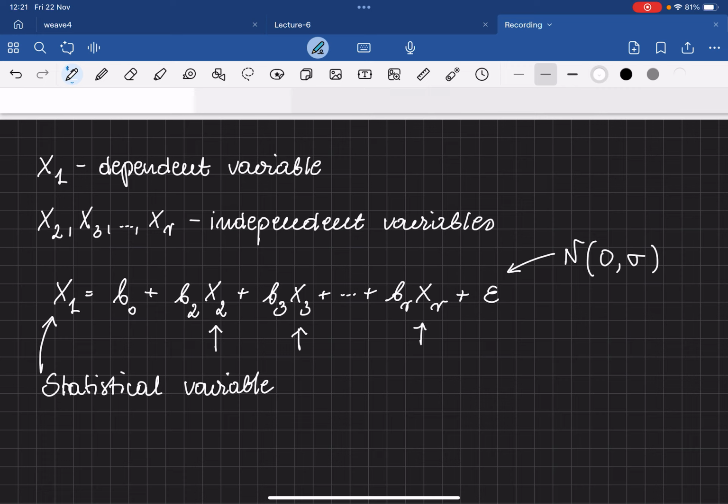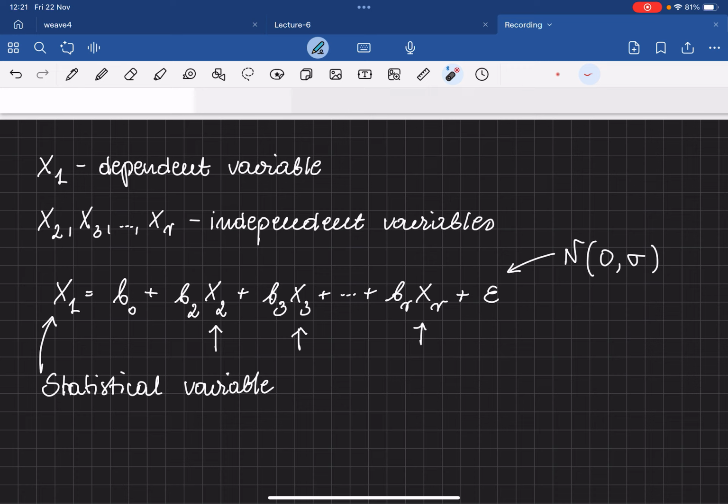We assume that the mean value of x1 depends in an affine way on the subgroup, so on the values of x2 to xr, and there is some variability which is due to some factors that are not taken into account by independent variables, and this variability is hidden in the error.